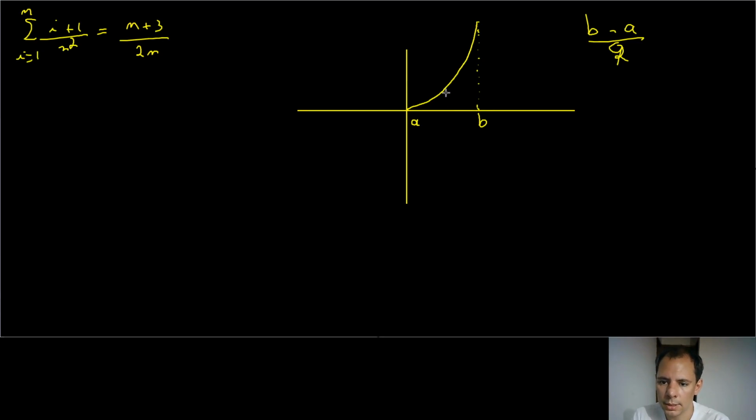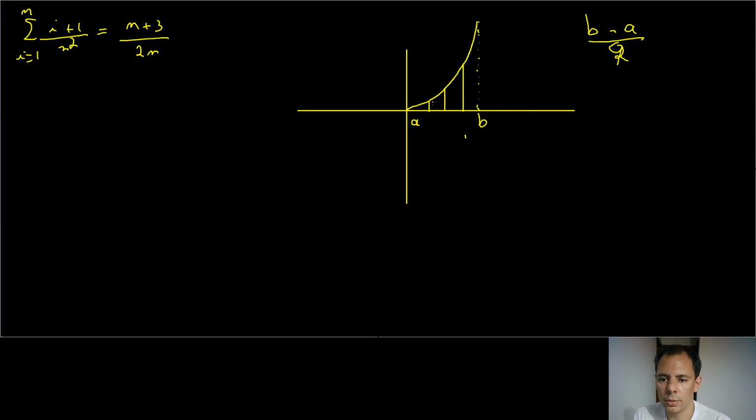Okay, let's see if this works. I don't know if this is going to work. Here, okay, now you have here, and now you have here. Okay, now you have 4 rectangles, and let's just consider the left endpoint now.